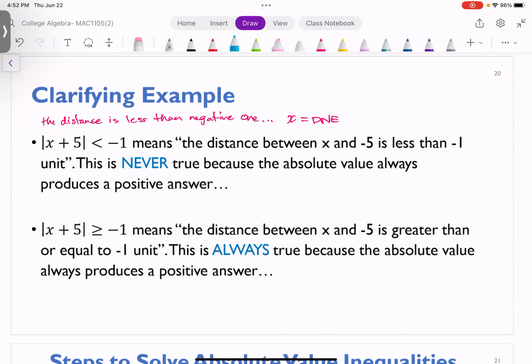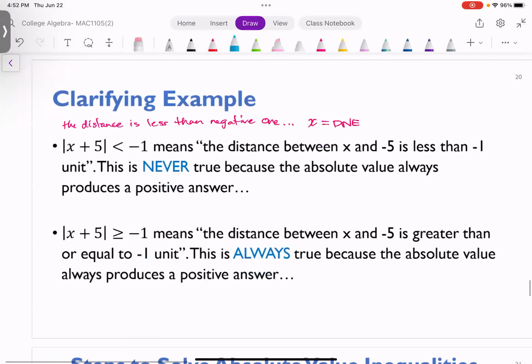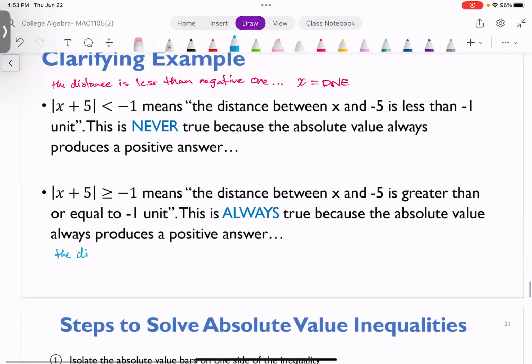But look at what happens in this bottom example. This example says that the absolute value, or the distance, is greater than or equal to -1. This is always true, because we know the distance is positive, and every positive number is larger than -1.